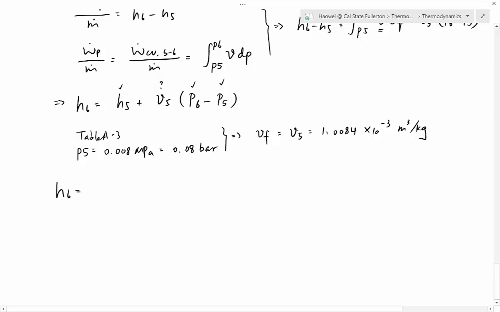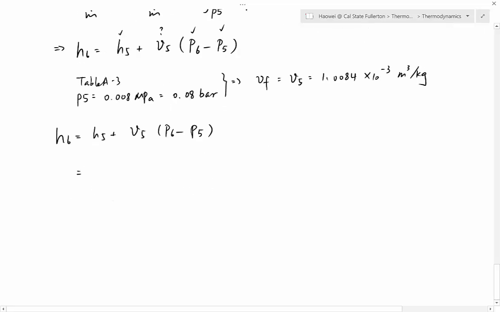H5 is, okay, let's copy down this equation again first. All right, plugging in H5. H5 is 173.88, and make sure you convert the unit to joules by multiplying by 1000. Plus nu5, 1.0084 times 10 to negative 3. It's SI unit already, so we don't need to do anything. Multiply by P6.